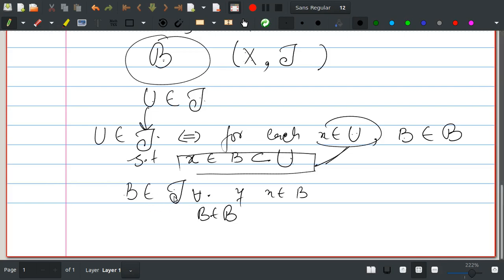So these basic elements will be in tau if this condition is satisfied, i.e., if we choose any basic element B and an element x in B, we should be able to find a basic element.